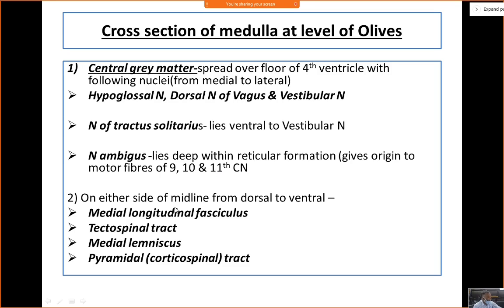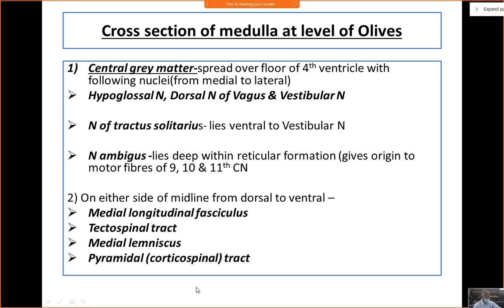Then on either side, this is about the gray matter. So these are three nuclei at the floor, then nucleus tractus solitarius, then the vestibular nucleus most laterally, then nucleus ambiguus. So this is about the gray matter.